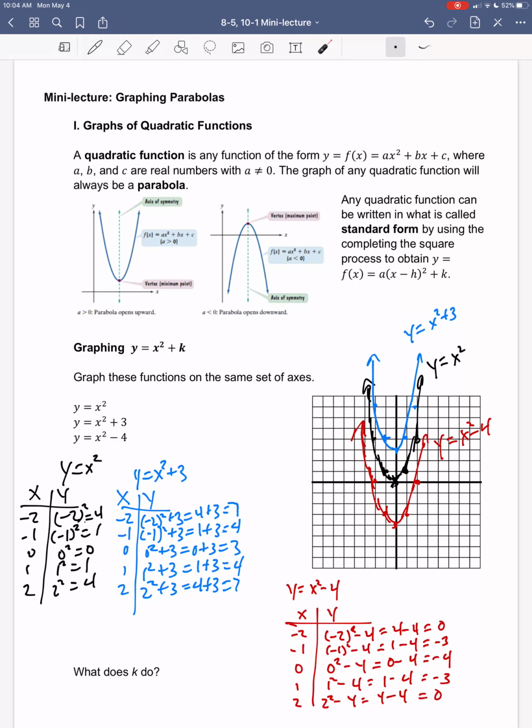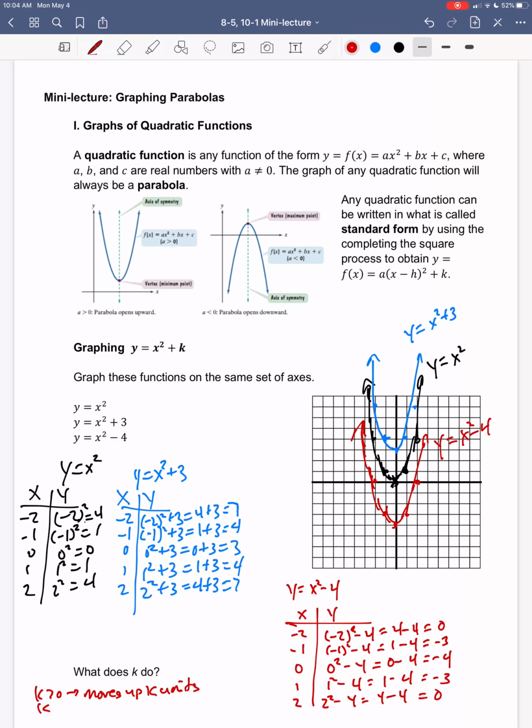For the red graph, look in the middle of that, 4, 1, 0, 1, 4. The same basic y coordinates from the black graph, but then I subtracted 4 from all of them. That slid the graph down. So what does k do? If k is greater than 0, it moves up k units.